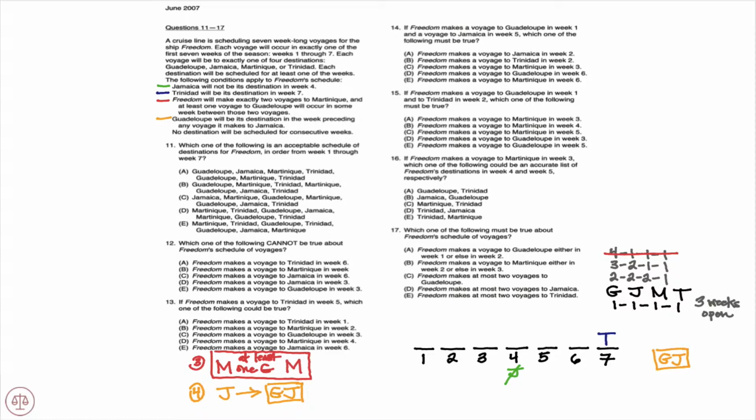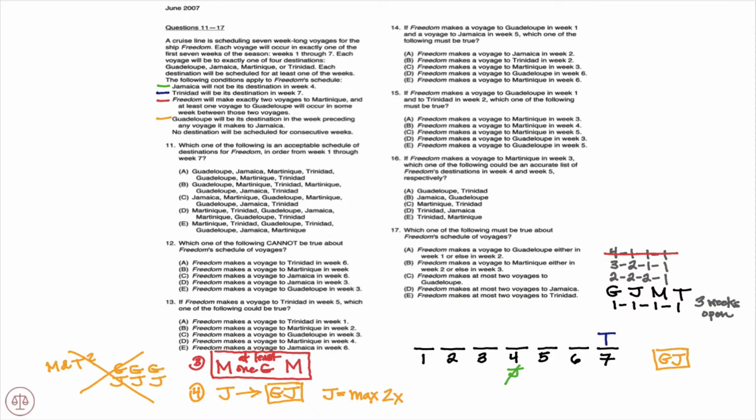But notice another conclusion that we can make is that J can only show up max twice. Because if Jamaica were to appear 3 times, we would have to have Guadeloupe in every week preceding those, which would be 6 destinations already of the 7, but we also have Martinique and Trinidad remaining to place, so that clearly would not work.